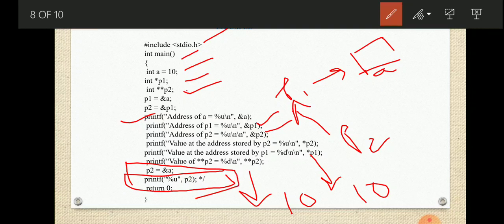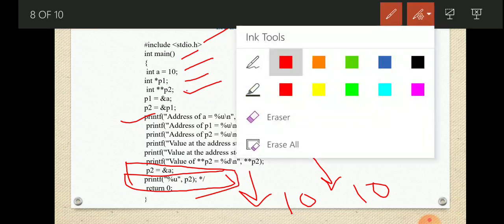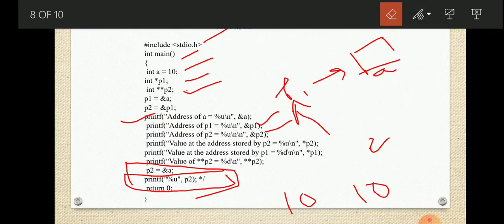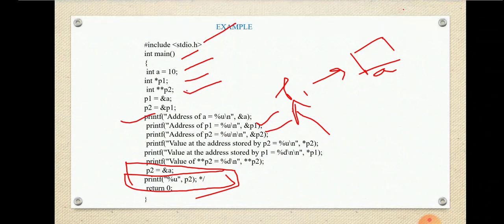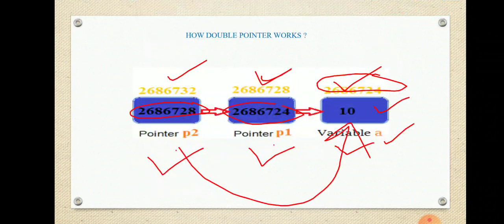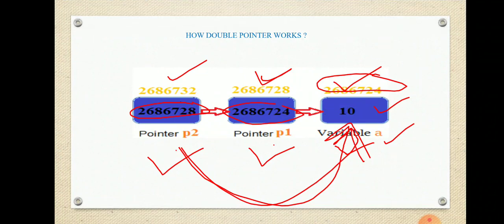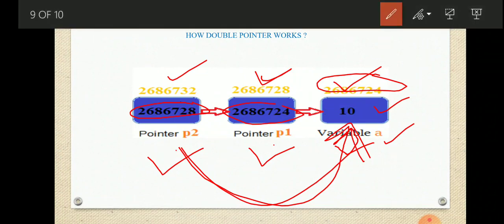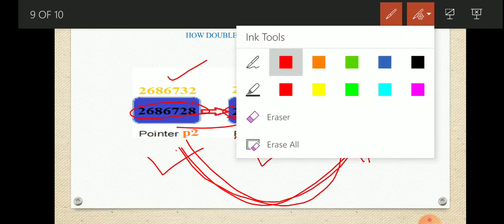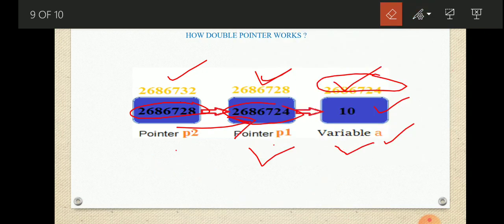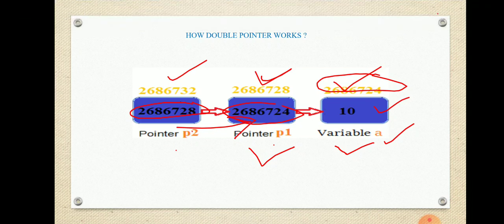As I have already explained, that is not possible. In case of a double pointer, P2 can point to P1 only. It cannot point directly to A, right? So this is not possible. So do not get confused.